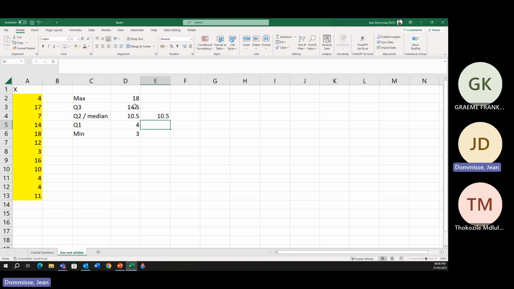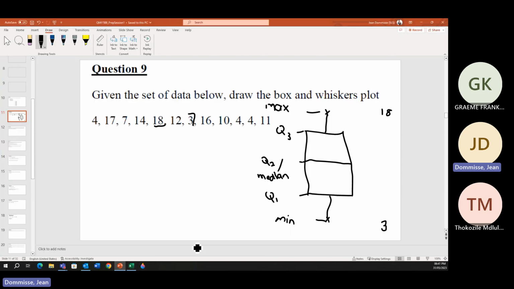So you can then draw that as 3, 4, 10 or 11, 14 or 15, and 18. So we could have said that is 3, that is 4, 10.5, and then I think it was 14.5, or was it 15.5? It was 14.5. And there it would have been if we needed to plot the data.